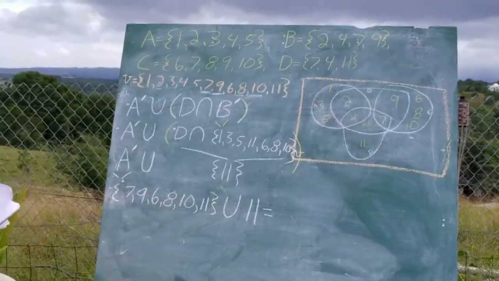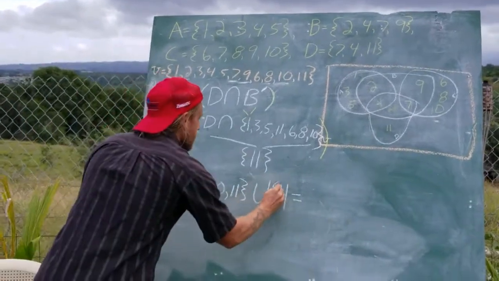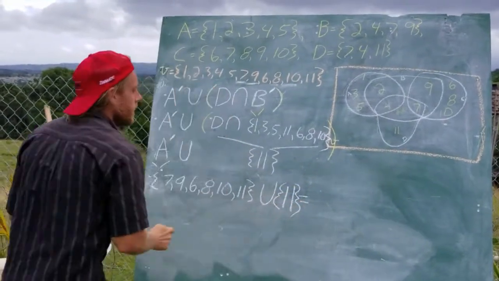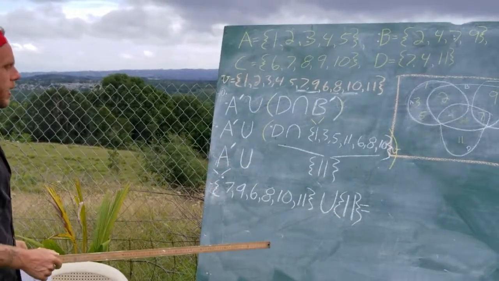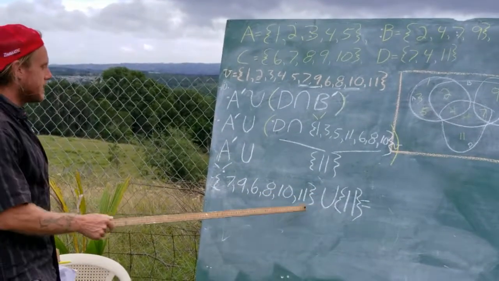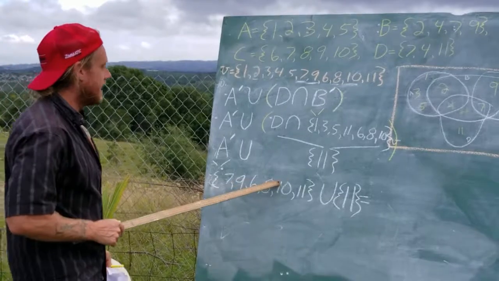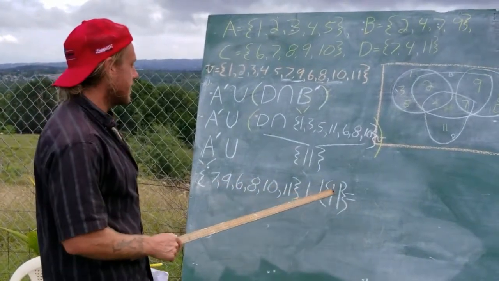Okay, I guess I need my set braces, don't I? Now we are looking at the union of the set 7, 9, 6, 8, 10, 11, and the set containing the element 11.